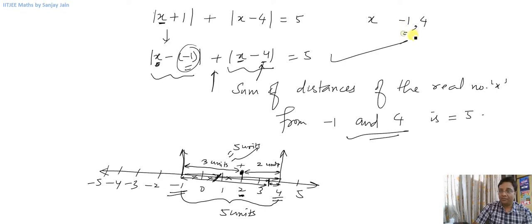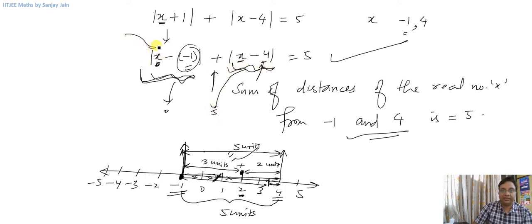Now can it be -1? Look at this. -1 is a number which is at 5 units from 4, and -1 is at a 0 distance from -1. So this modulus will become 0 for this number -1, and this mod will become 5. What I mean is, when I put -1 here, this will give me 0, and when I put -1 here, this will give me 5, which is what I want, right?